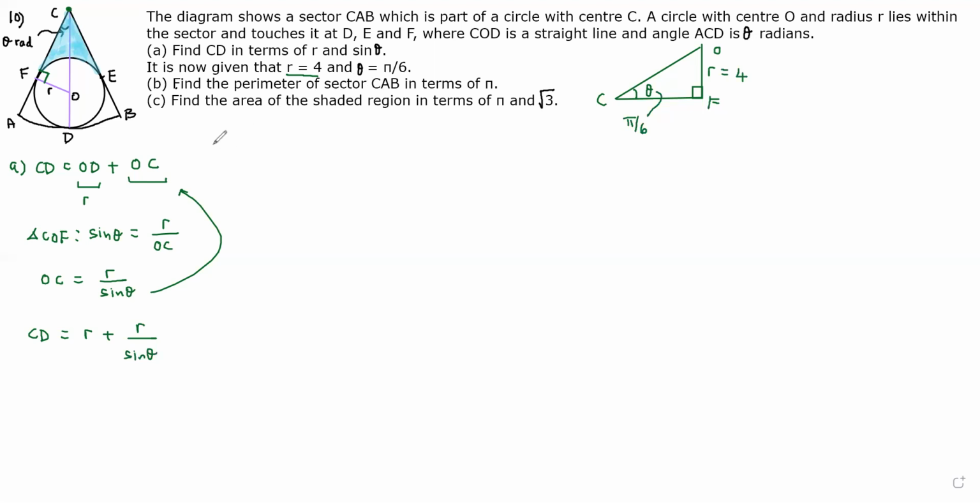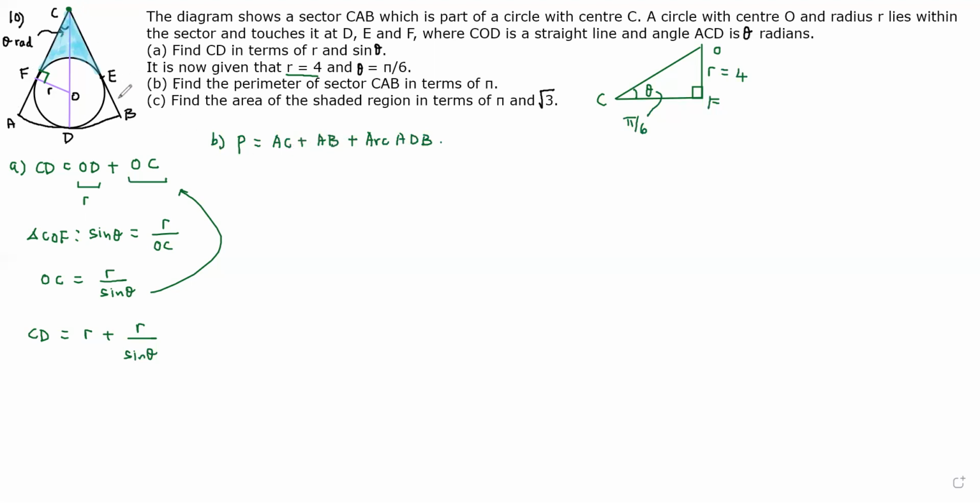The perimeter of sector CAB would be AC plus AB plus the arc length ADB. So we have the arc ADB, AC and AB.